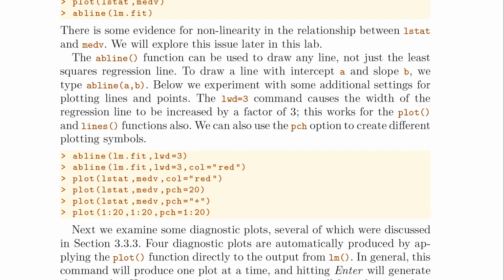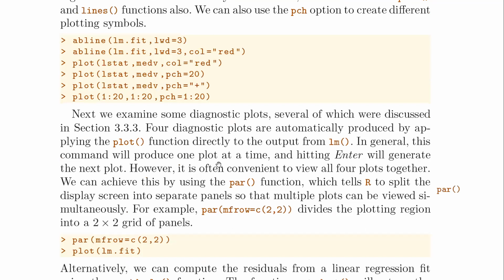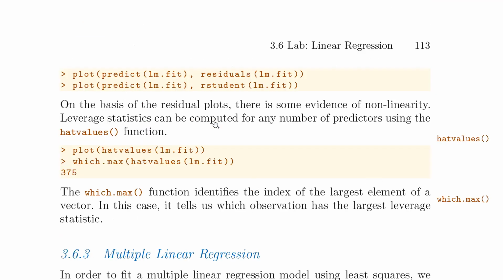This works for the plot and lines functions also. We can use the pch option to create different plotting symbols. Next, we examine some diagnostic plots, several of which were discussed in section 3.3.3. So maybe for the time being, we'll skip this.